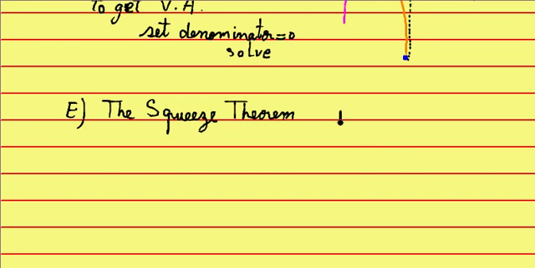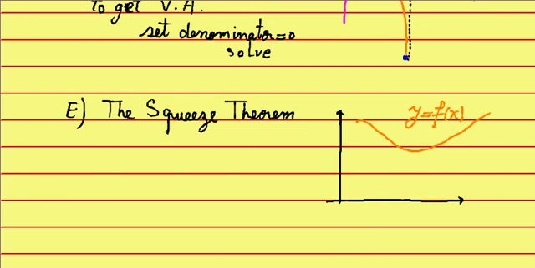It's a statement that is best described by a picture. You can read the statement in the text itself, but on a picture it's going to be easier to describe. Suppose I have one function. So here's some function. Let's call it y is equal to f of x. And suppose I have some other function as well.